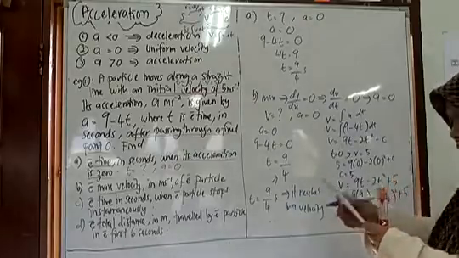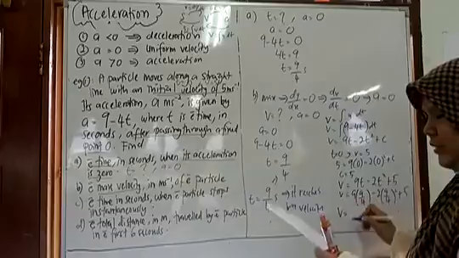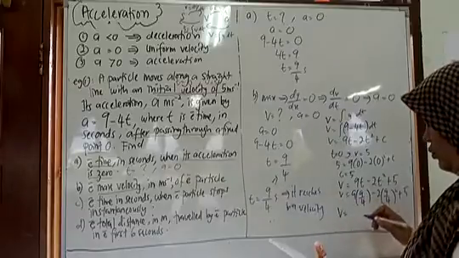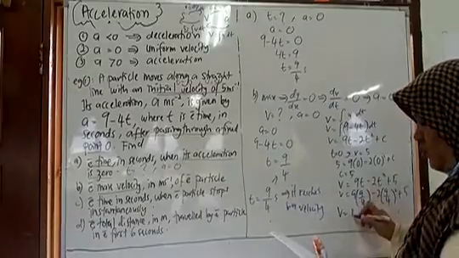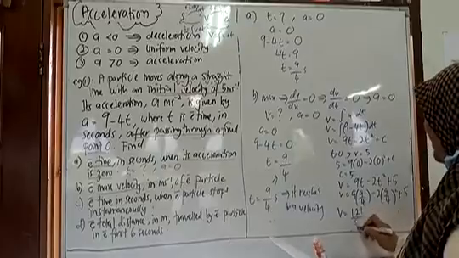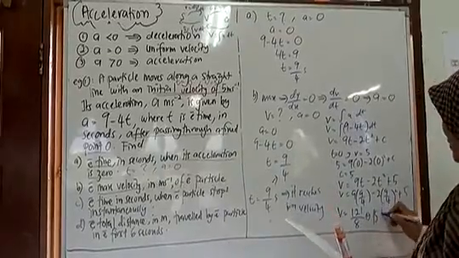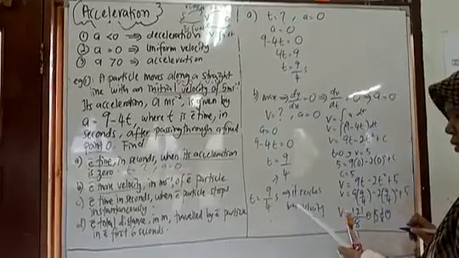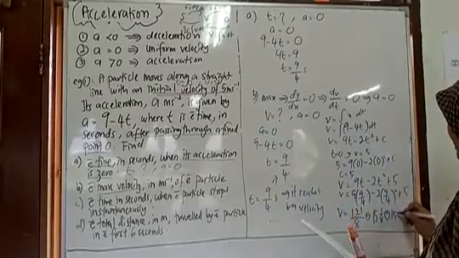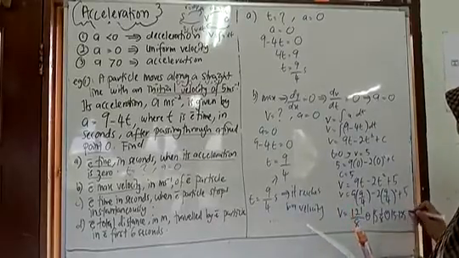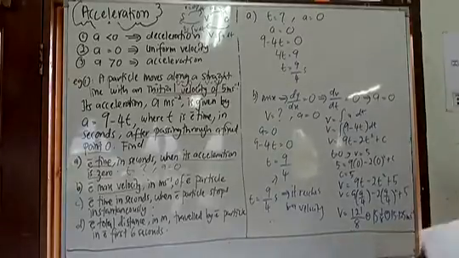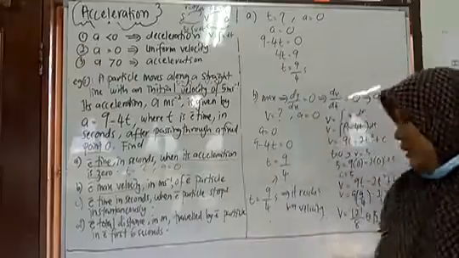So we will have v is equal to 15 1/8, or 15.125 meter per second. Okay, so our maximum velocity is 15.125 meter per second.